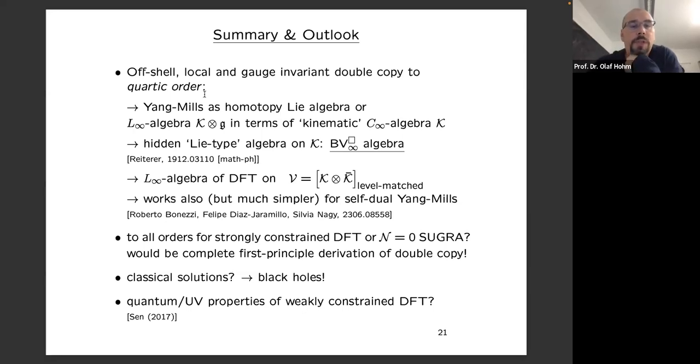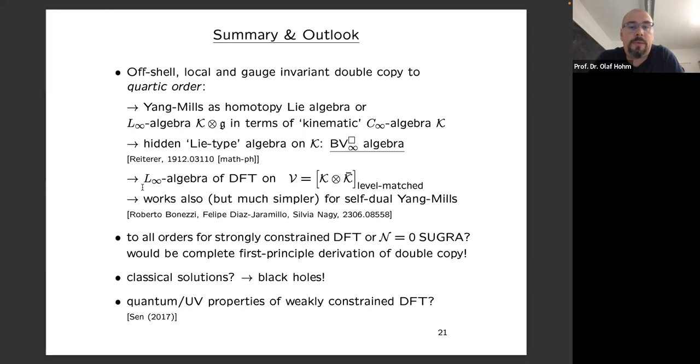So I've given an off-shell local, manifestly kinematic-algebra-based double copy construction to quartic order in fields. And the strategy here was to view Yang-Mills theory as a homotopy Lie algebra or L-infinity algebra, as this tensor product K tensor G with the kinematic C-infinity algebra K and the color Lie algebra G. And then to realize that K is not just the C-infinity algebra, but has a hidden Lie-type structure as well, which makes it into a BV-type algebra, but BV up to various modifications.